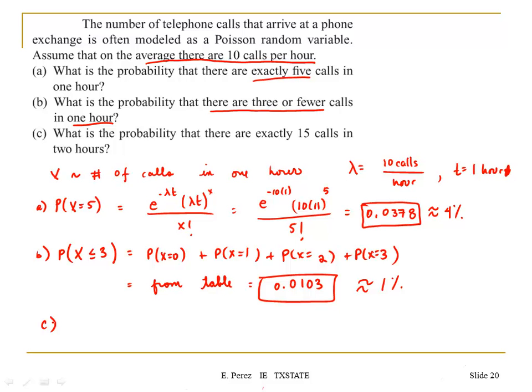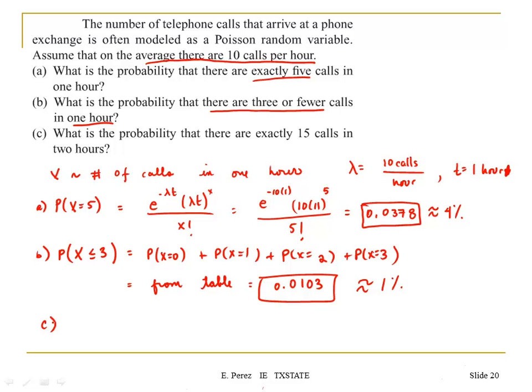Now part C, what is the probability of exactly 15 calls in 2 hours? Okay, so this last part has an extra difficulty. Again, the time was 1 hour in the first 2 parts. Now we have the probability that exactly 15 calls occur in 2 hours. So that changes the problem a little bit.